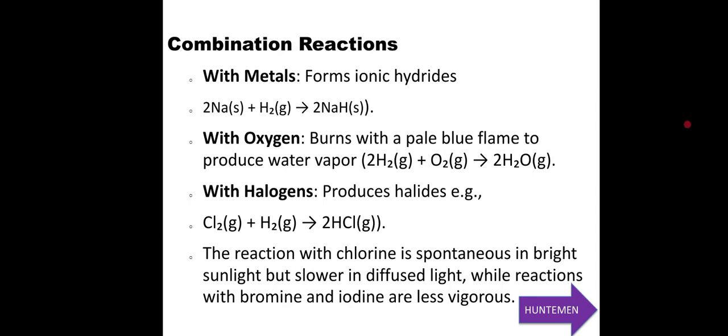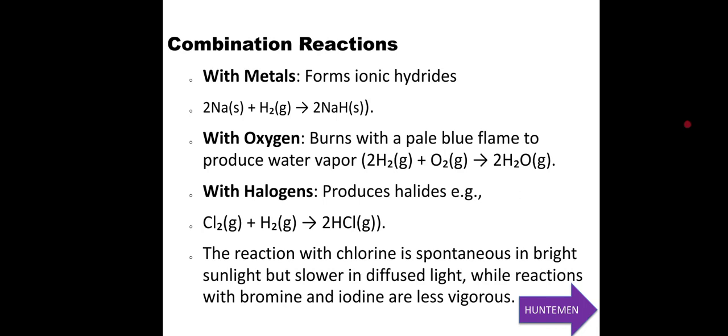With halogens, hydrogen also combines to form halides. For example, we have hydrogen chloride. We can also have hydrogen bromide, and so on.